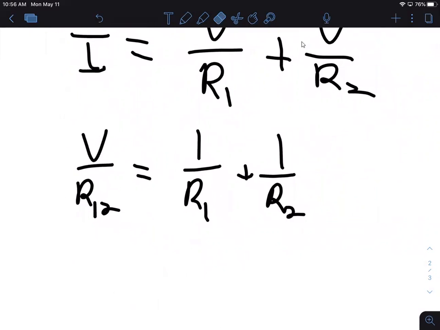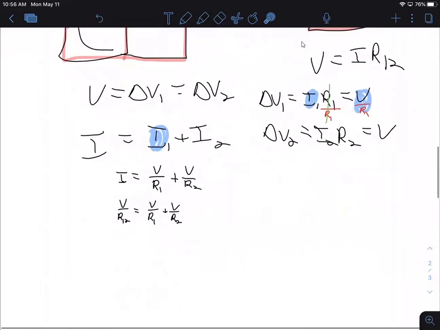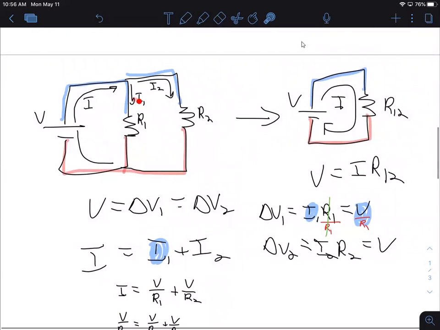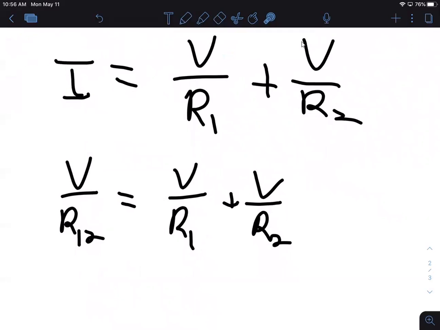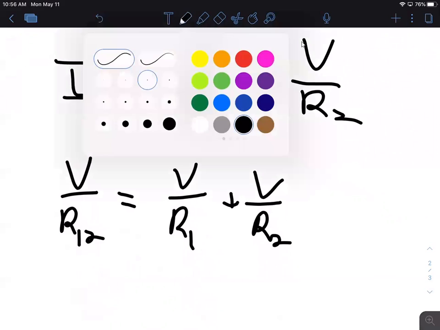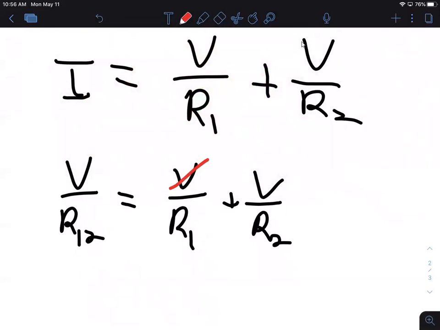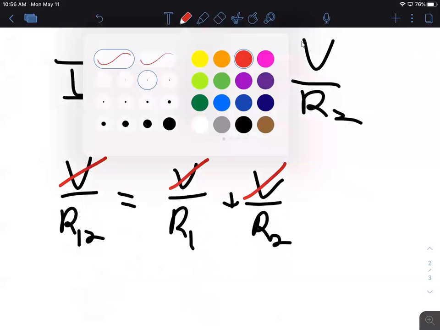Oops, I forgot the V's on these. Just jumping ahead of myself. These are all the same V, because in all of these, they're dropping the same thing that the battery is adding. Well, now they're all multiplied by the same thing on top, so I can just divide out all these V's.